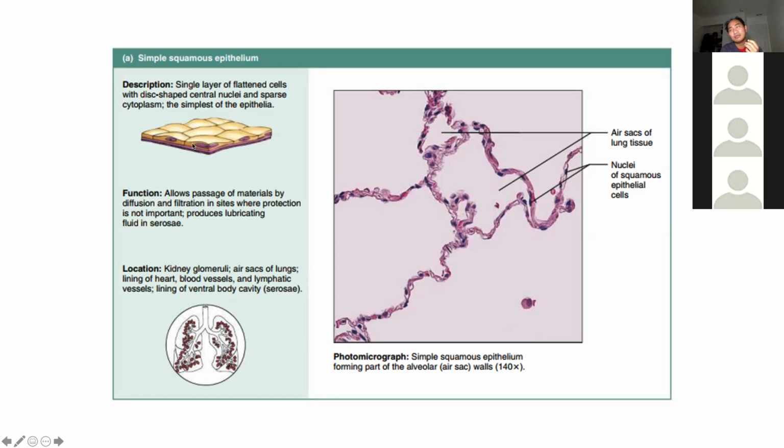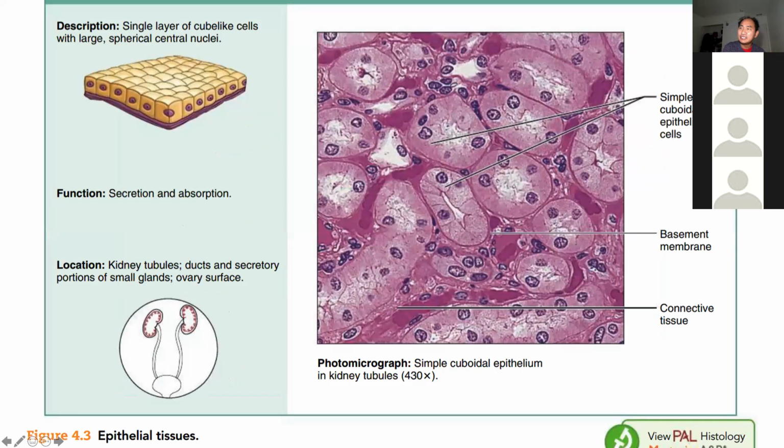Of course, it's a very thin and flimsy layer, so everything will go through and pass from one side to another. Therefore, it is useful for diffusion and filtration. But let's say the cells are getting bigger, in a square shape. Now because the cell is bigger, it can function a little bit more.